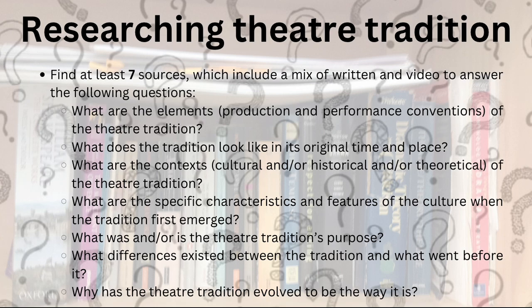Some theatre traditions might have been around for a very long time, and you need to understand what's the history behind it. What was happening at the time when that theatre tradition emerged? What were the specific features and characteristics of the culture where it emerged from?